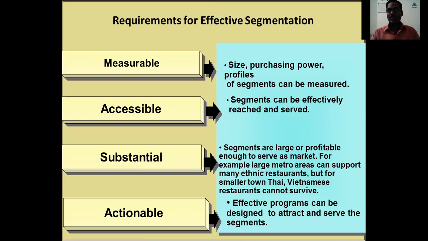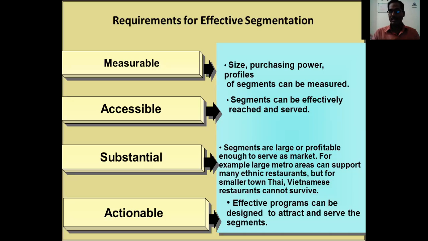Why? Because some countries like third world countries have a population that is larger in number. They are good for certain consumer products like soap, shampoo, and those things. But for certain products like luxury products, especially branded items like cars, automobiles, very expensive luxury products, even though the size of the population is very big, they cannot be very attractive.